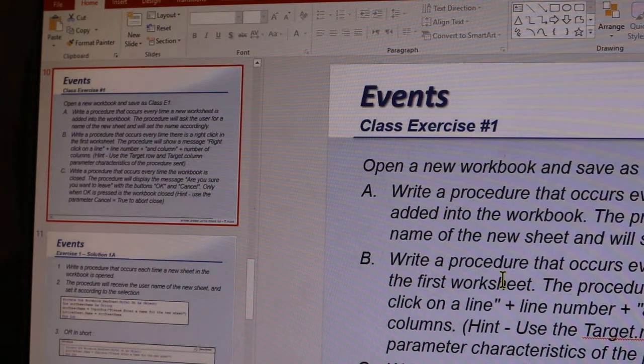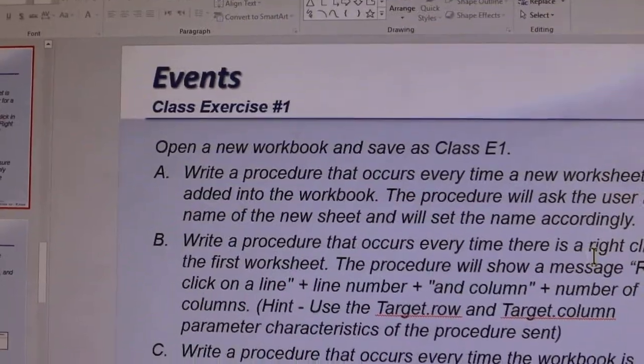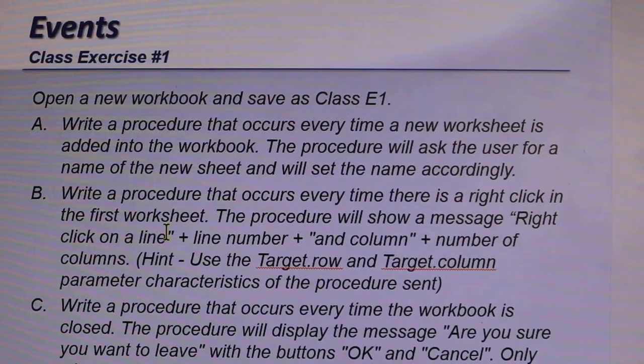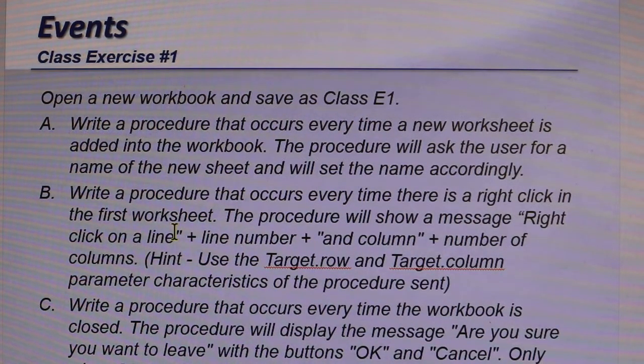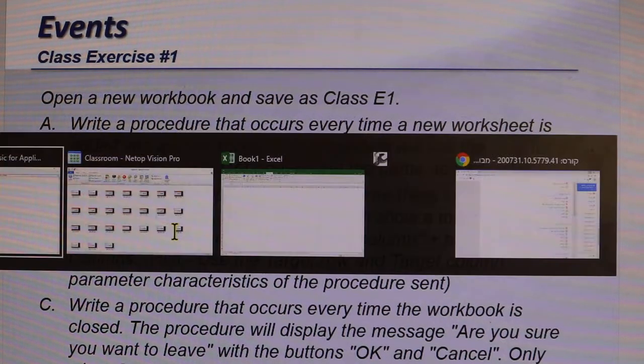Write a procedure that occurs every time there is a right click in the first worksheet. Okay? So I need to find an event that's related to a right click in the first worksheet. So I go over here and I double click on Sheet1, which is the first worksheet in my case. I make sure that I'm in worksheet, okay? So this opens the events. And I look over here for something that's related to right click.